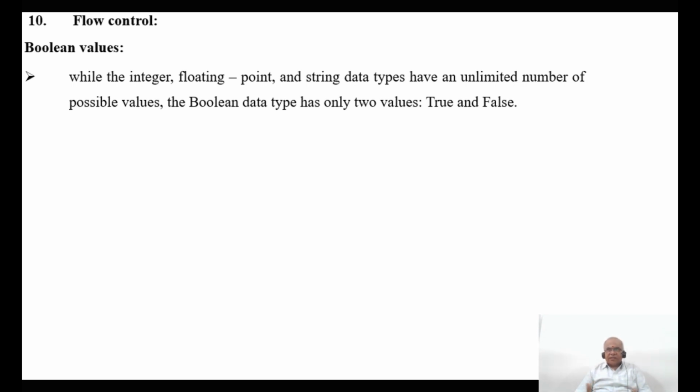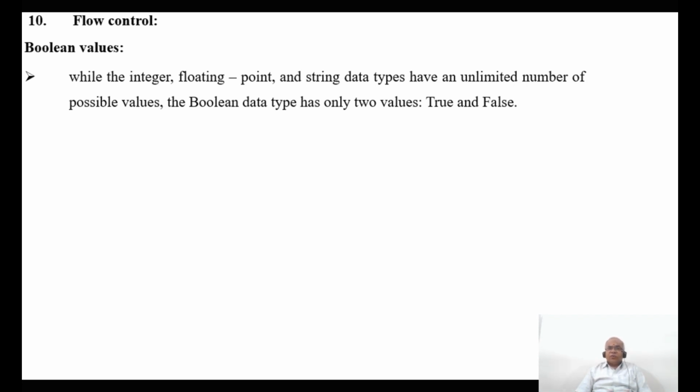Suppose I want to declare an integer value, any number without a decimal point can be considered an integer. That is why it says an unlimited number of possible values, an infinite number.